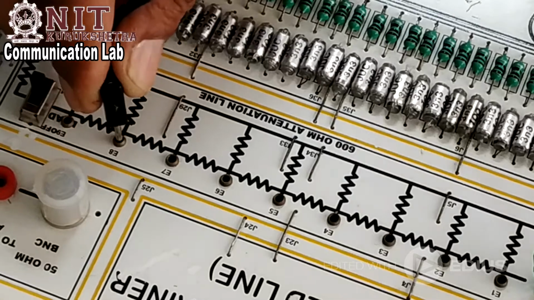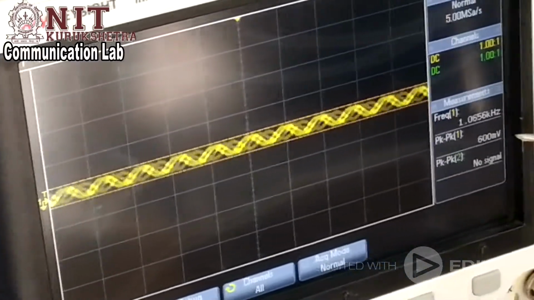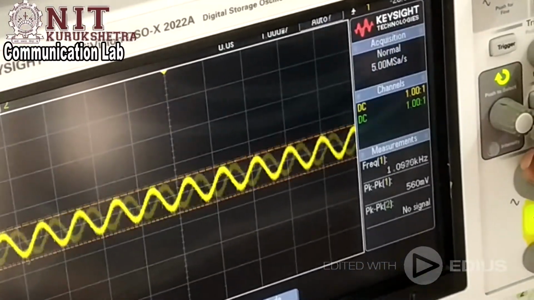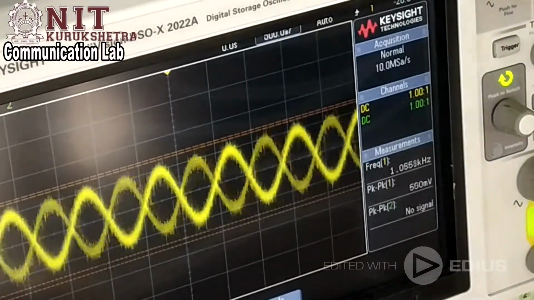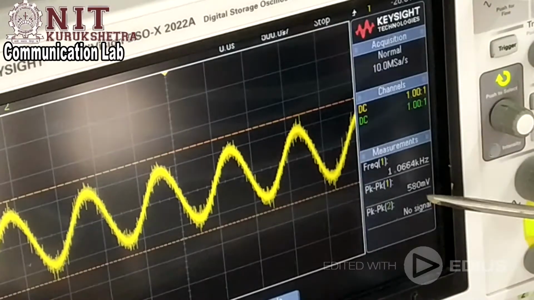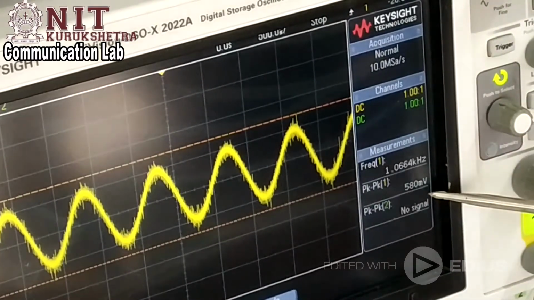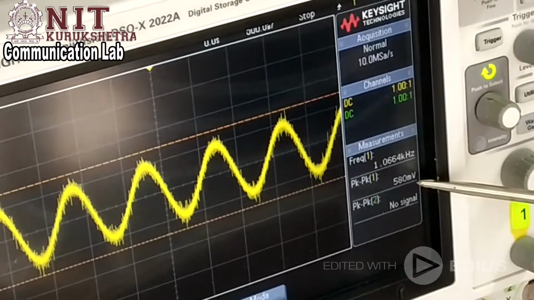Now we are connecting at E8 and noting the voltage, 580 millivolt.